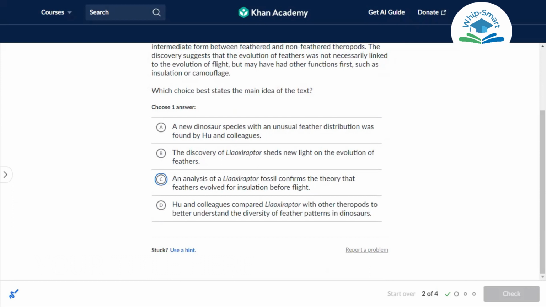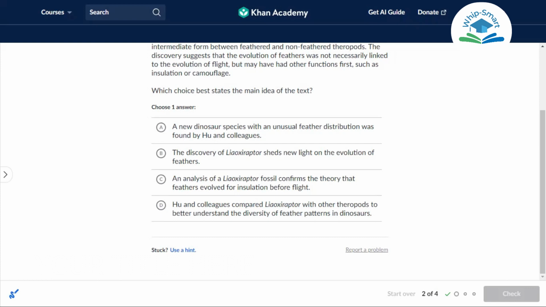Choice C: An analysis of the fossils confirmed the theory that feathers evolved for insulation before flight. No, ma'am, it doesn't confirm. It basically suggests. Okay. Choice D: Hu and colleagues compared the fossil with other theropods to better understand the diversity of feather patterns in dinosaurs.